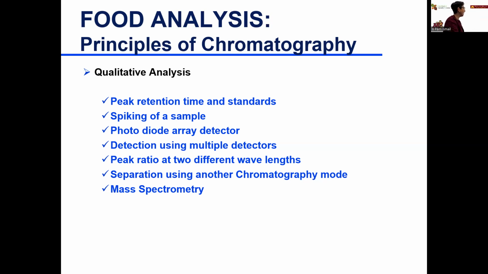And sometimes you do MS in tandem, one MS, second MS, third MS, where you take one ion, you break it further, you get more structural information. You take one of these ions, break it even more, you get more structural information, a very powerful identification tool.